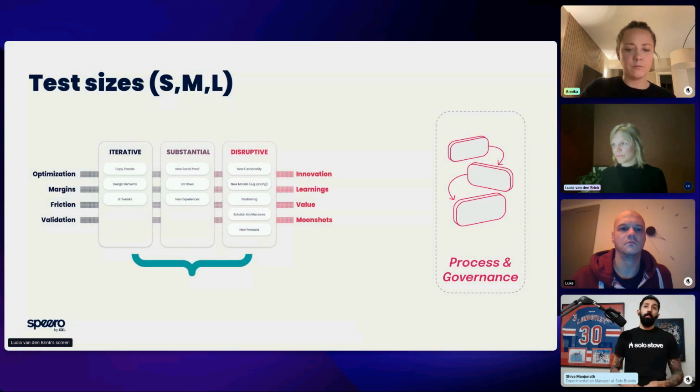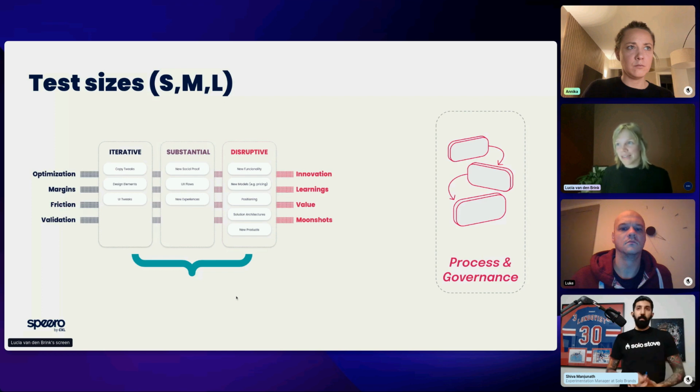Something else about process and governance, and I touched on this already with a pricing test, is that you need to know what kind of tests you can run. Like, can you run small iterative copy tweaks, for example? That depends on the data you have available. You can calculate what kind of change you can measure.